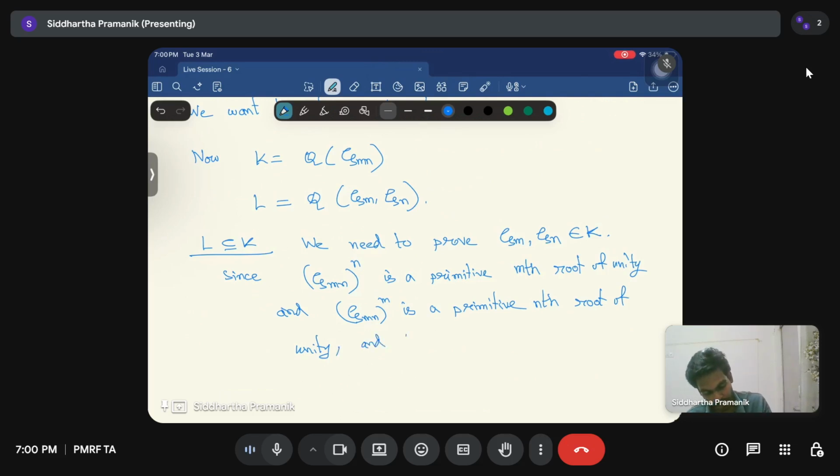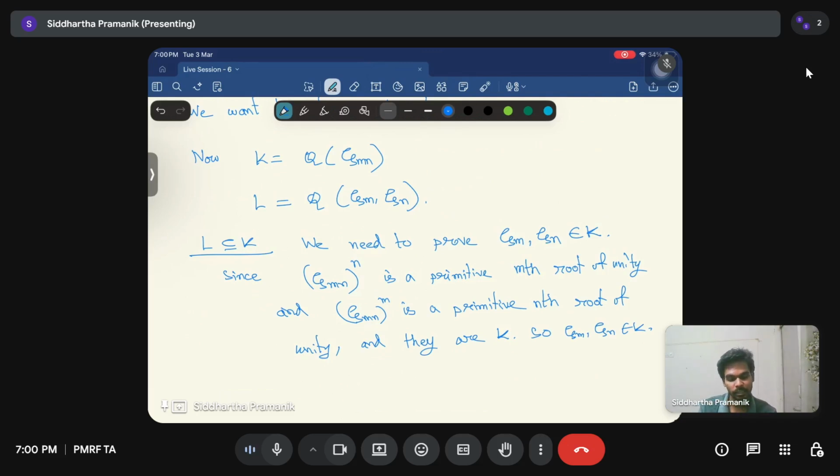So the other mth roots and nth roots must be in K. So zeta m and zeta n must be in K because it contains one primitive mth root, so it contains all mth roots.